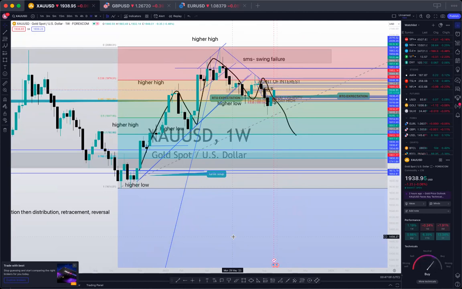You understand? I will not say it's 79, because around that 79 we have the fair value gap. You understand? We have the order block, a very good order block there. So fine, that's where it is coming to.